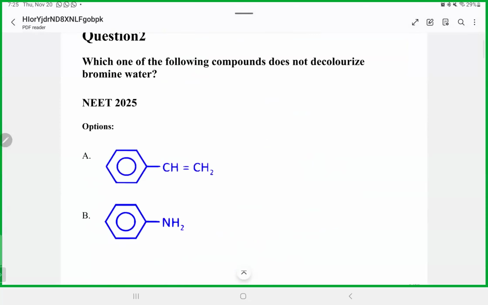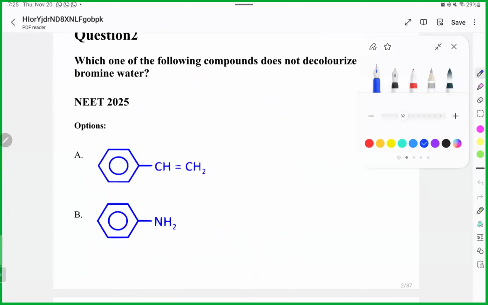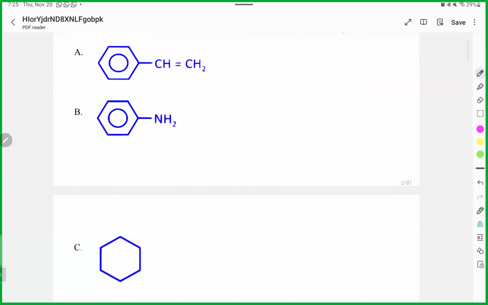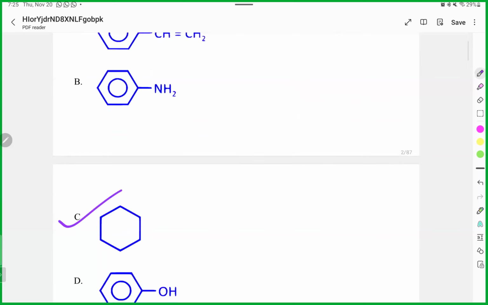You had this question, which will not decolorize. So decolorize means which will not react with the bromine water. Normally what happens if you have alkene, it reacts with the bromine, reddish brown color of the bromine will convert into the colorless compound. Correct? So whichever molecule does not have double bond cannot do this. This was your question.